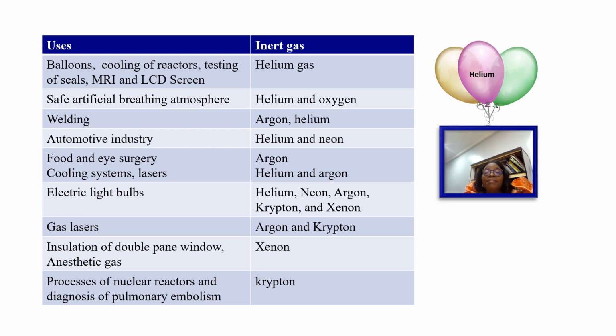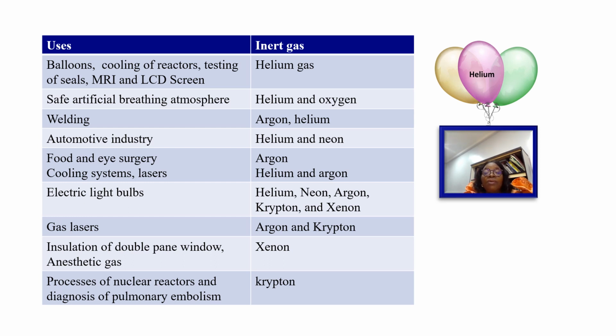Argon gas is very useful in the food and beverage industry to extend shelf life, maintain freshness and increase the overall quality of items. Also useful in eye surgery. Helium and argon are good for cooling systems and for lasers.